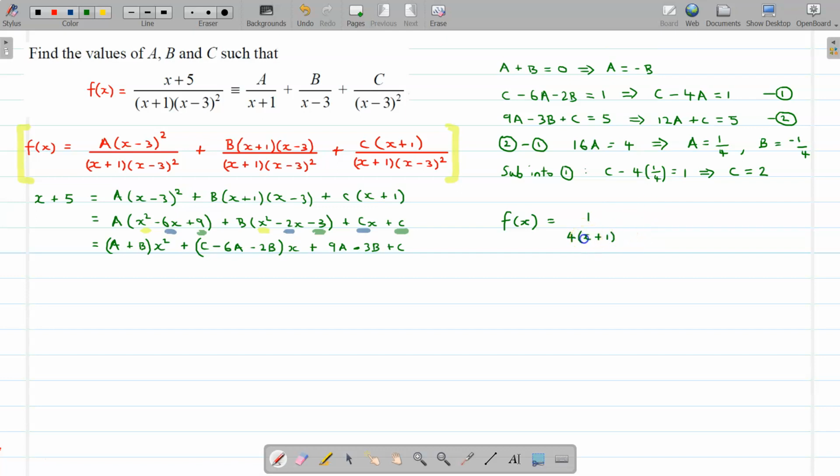Okay, that's the first fraction. The second fraction, I'll put the little lines on in a minute. Now b is negative, so negative a quarter, so let me just put a minus sign in there straight away. So it's negative 1 over 4 x minus 3, okay?